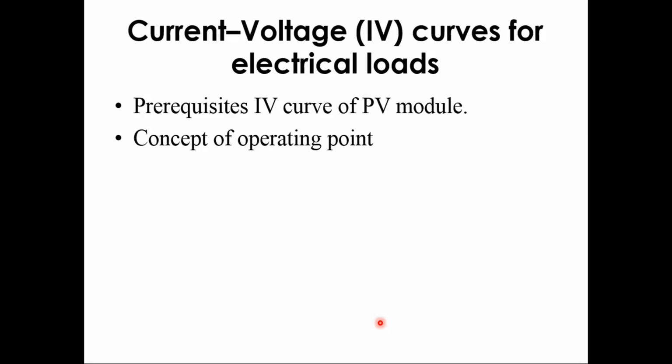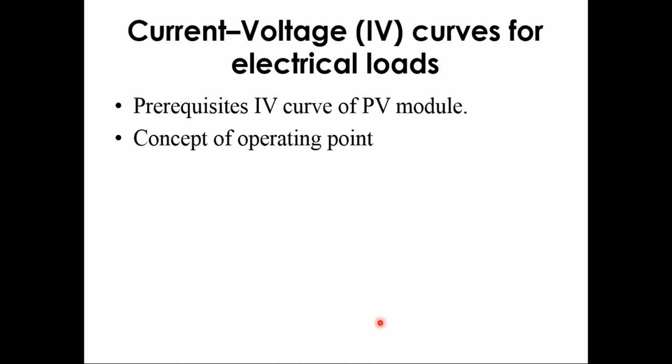Before starting, the user or student, whoever is going to run this video, needs to check the basics of the IV curve of a PV module and the concept of the operating point. Now I will try to explain the concept of the operating point.